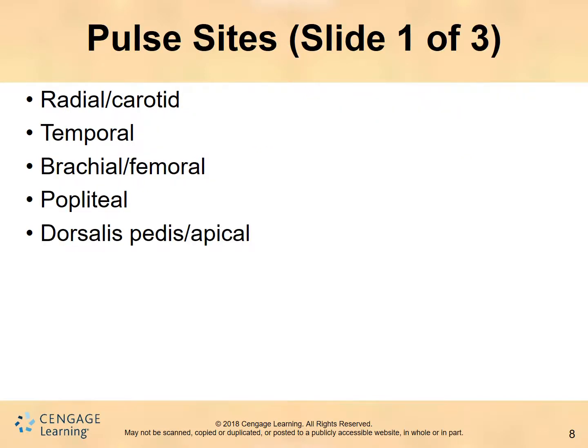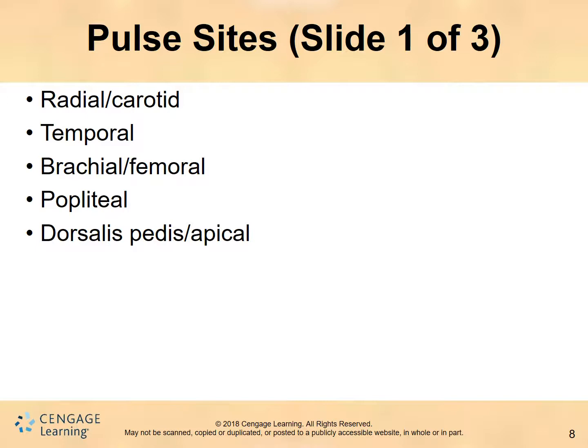Pulse sites, radial and carotid. The radial is on the thumb side of the wrist. The carotid is in the neck. Temporal is in the temple area of the head. Brachial is in the upper arm.